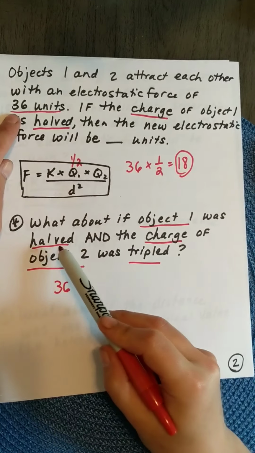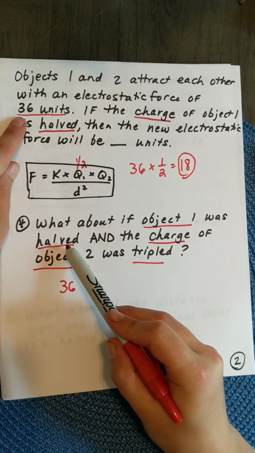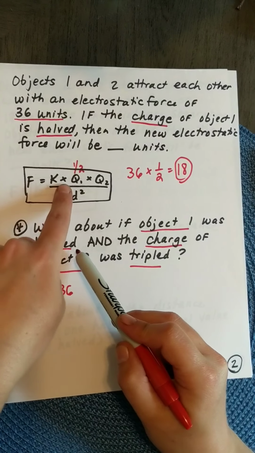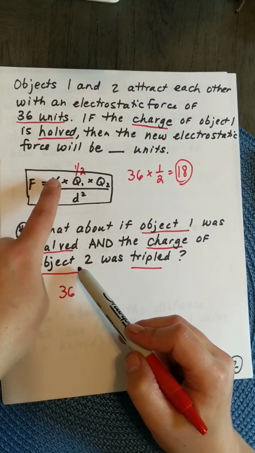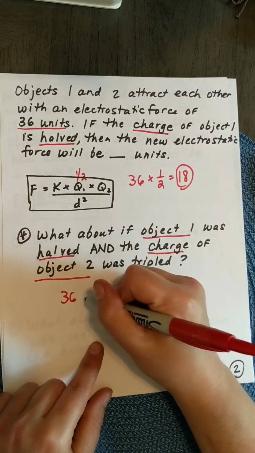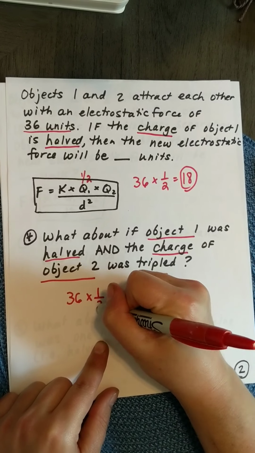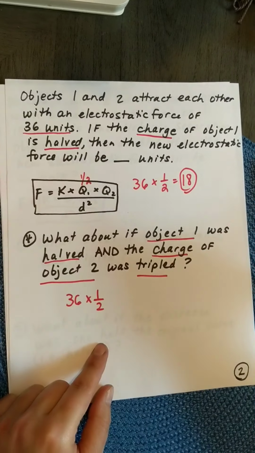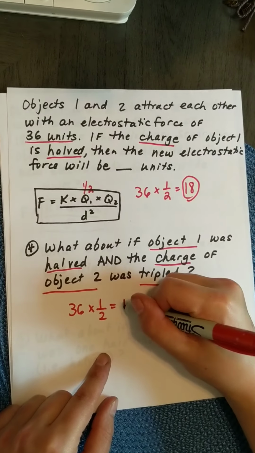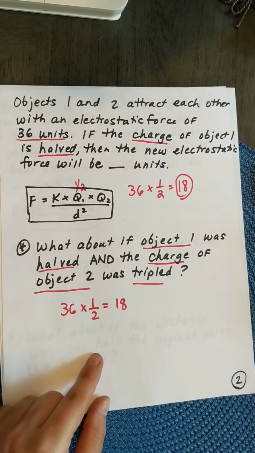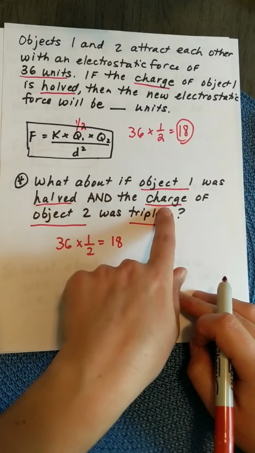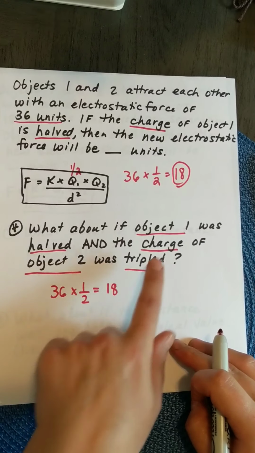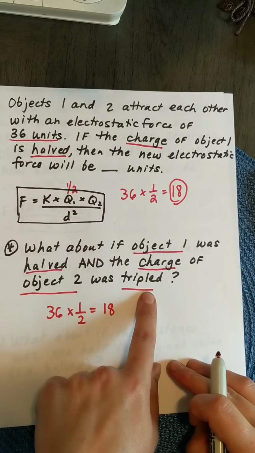And first, we're going to halve the charge of object 1. Just like before, it would multiply by a half. So if Q1 is halved, we multiply by a half. That would give us 18 for the electrostatic force, but we're also changing the charge of object 2. The charge of object 2 is going to be tripled.